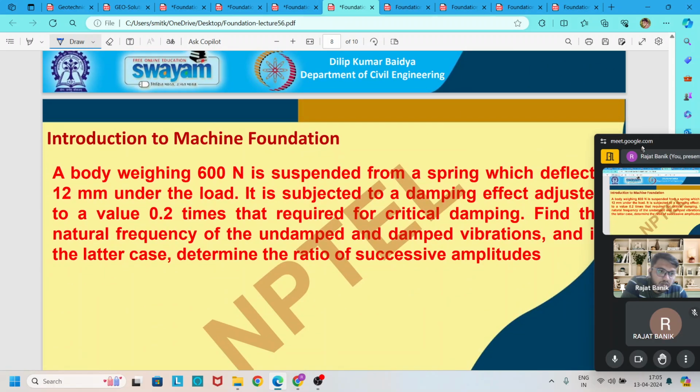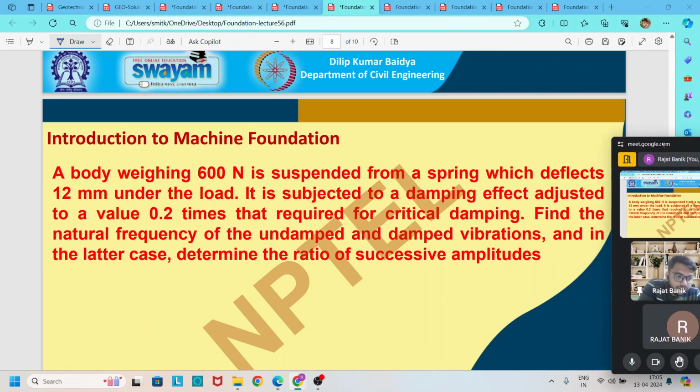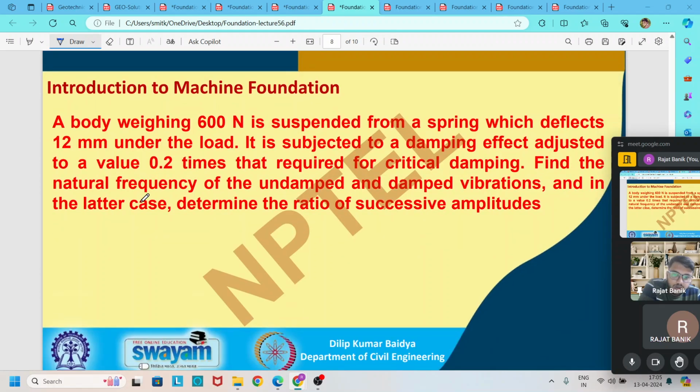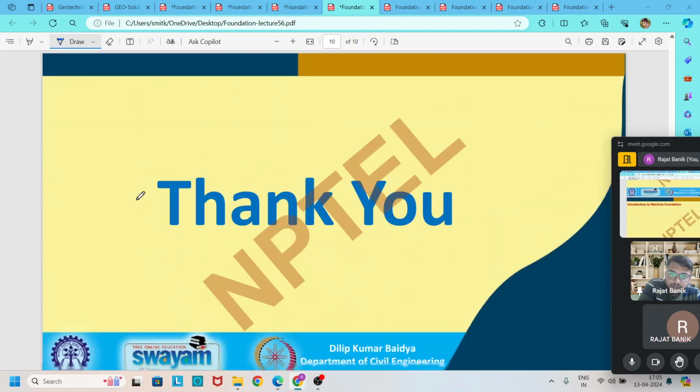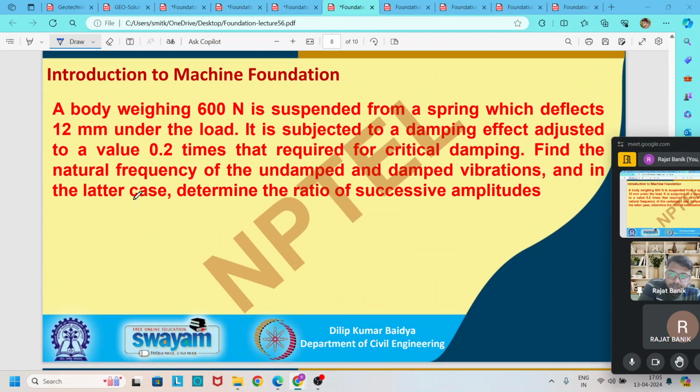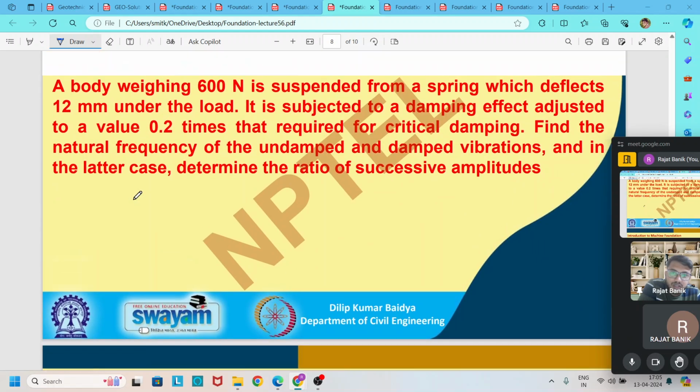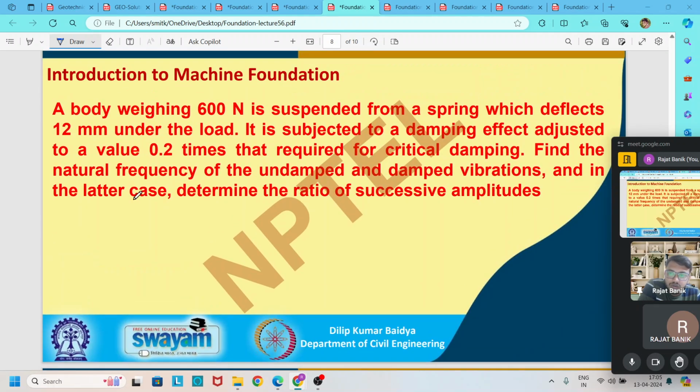Now we move on to the next question. I think this is the last question of this lecture, number 56. It says that a body weighing 600 Newton is suspended from a spring, which deflects 12 mm under the load.